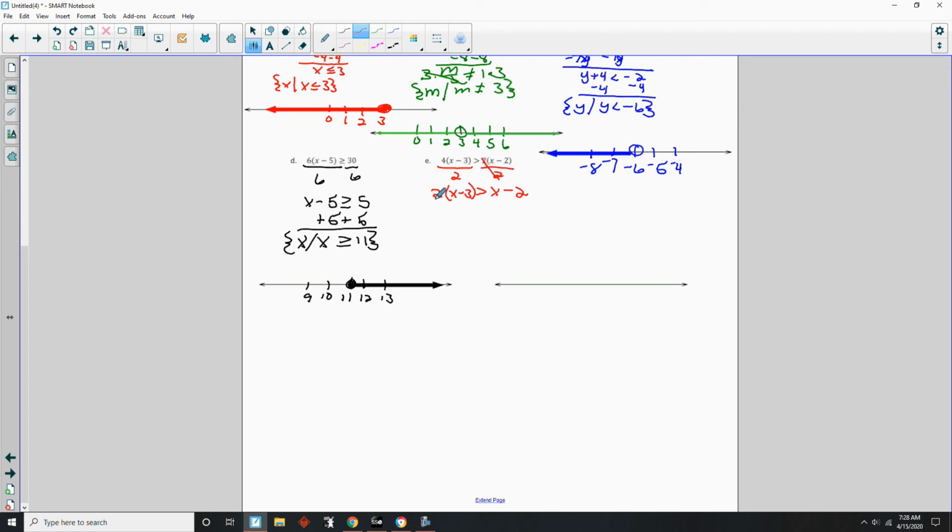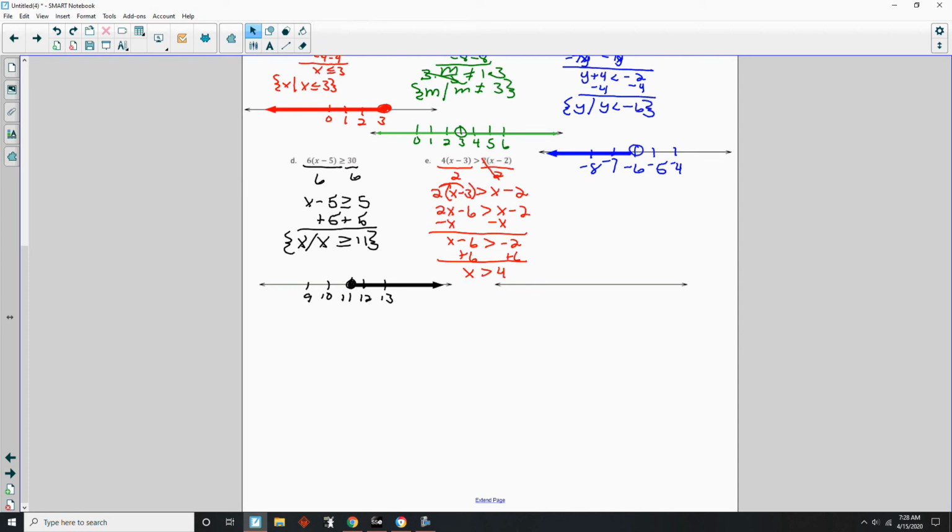Now I'm just going to distribute 2 times x, 2x, 2 times negative 3 minus 6 greater than x minus 2. Now move all my variables to the left, and I'm going to get x minus 6 greater than negative 2, and then I'm going to add 6 to both sides. And when I do that, I get x is greater than 4.